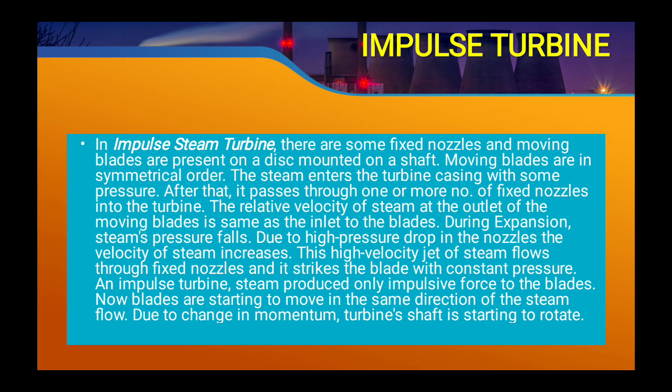So in an impulse turbine, steam produces only impulsive force on the blades, the symmetrical blades. Now the blades start to move in the same direction as the steam flow. So due to changing momentum, the turbine shaft starts to rotate. So this is the main idea of the impulse turbine.